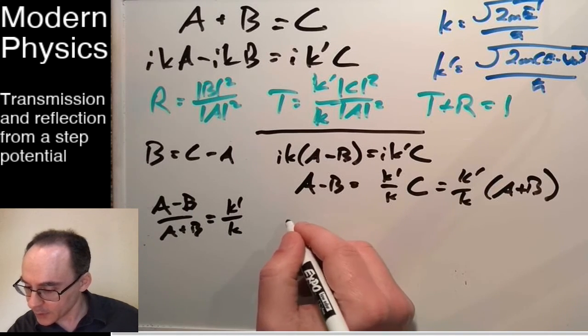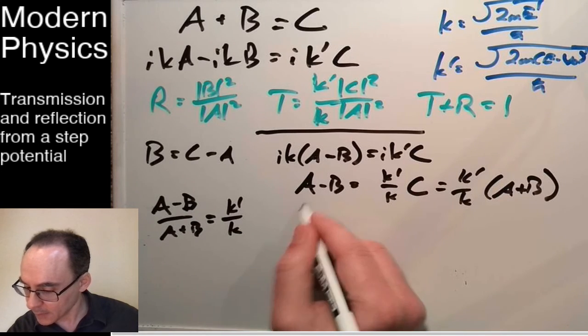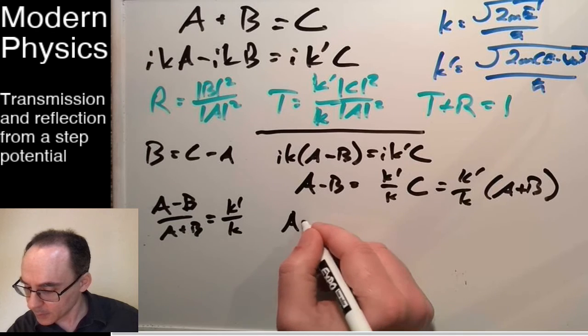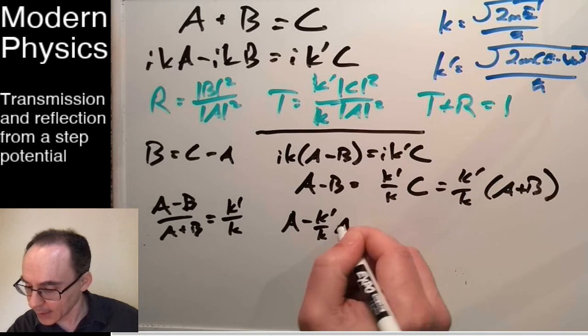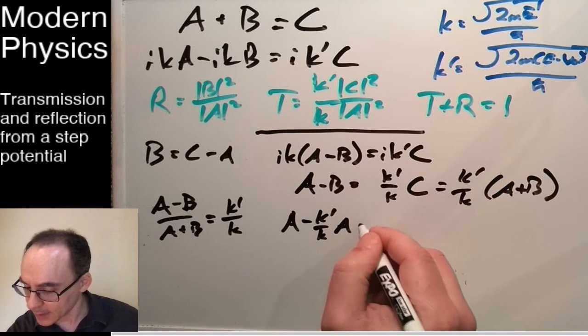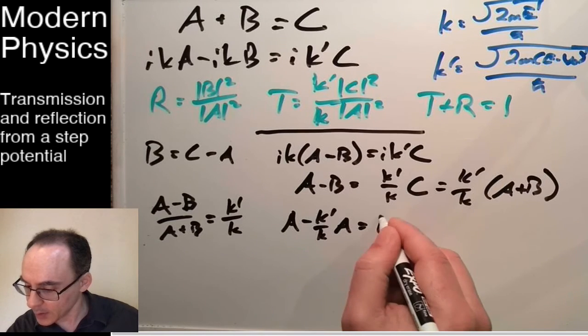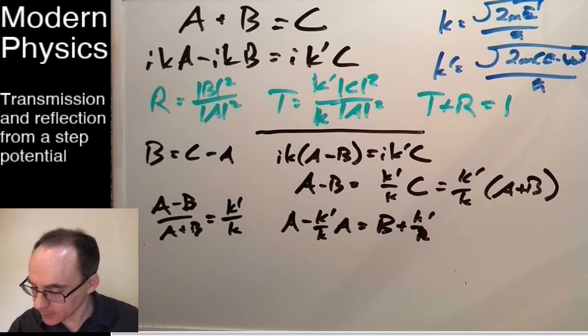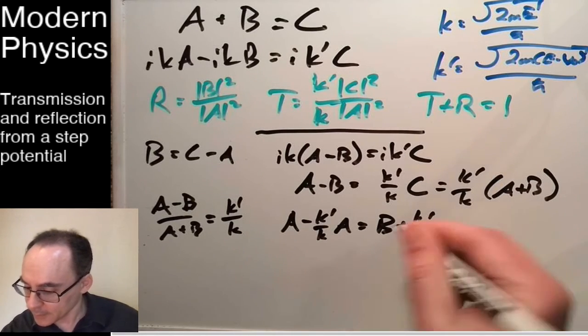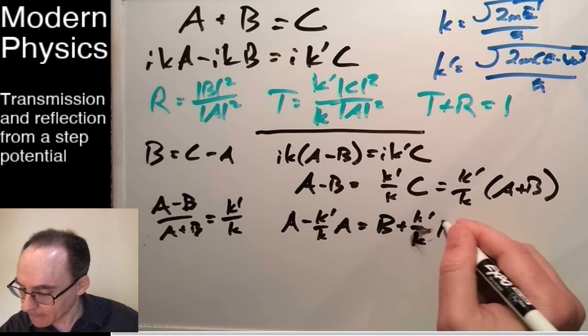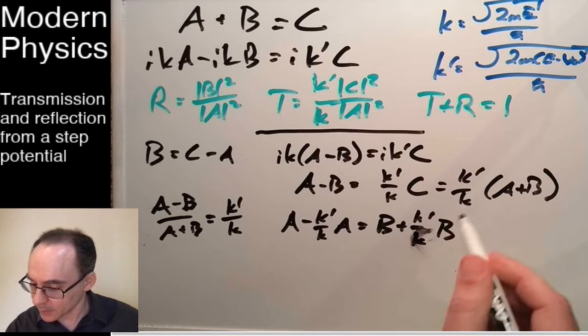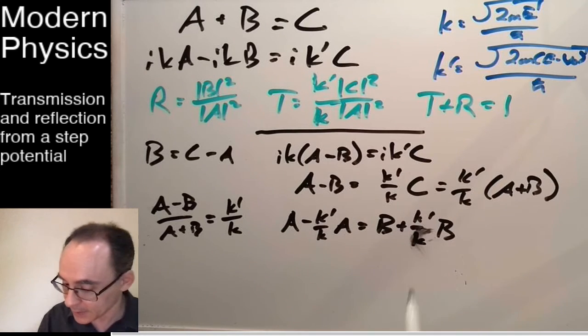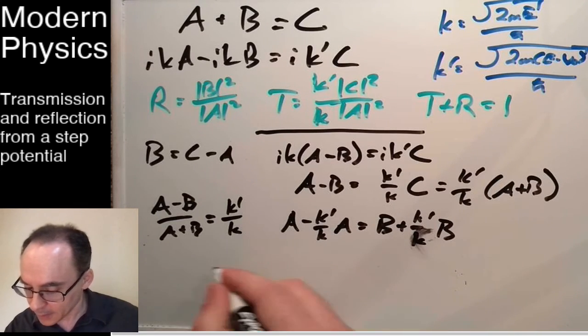Let me rewrite this a different way. We've got A minus K prime over K times A, bring that to the left-hand side, equals B plus K prime over K times B. That's on the right-hand side. So this is a better way of writing this. I can rearrange this a bit.